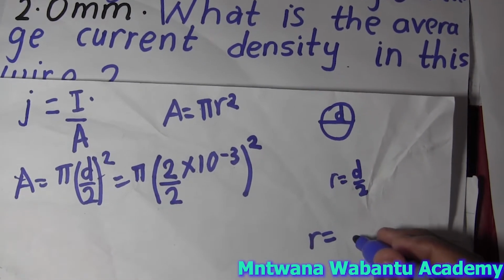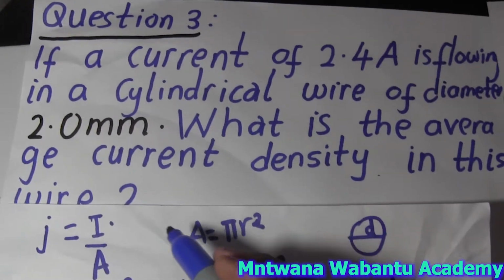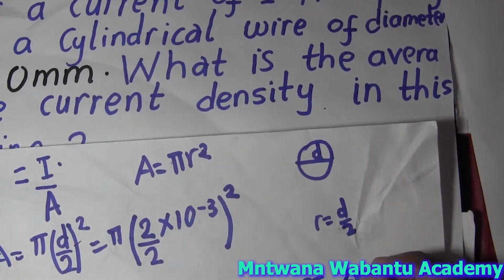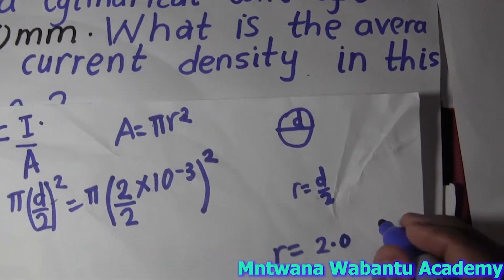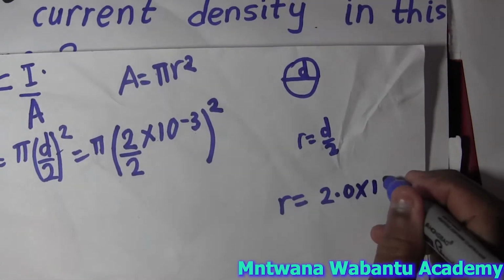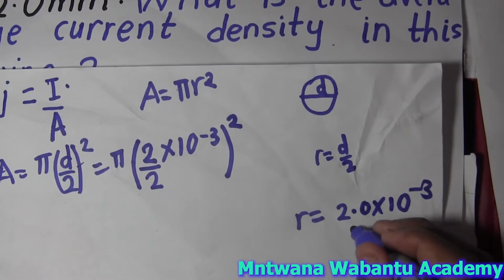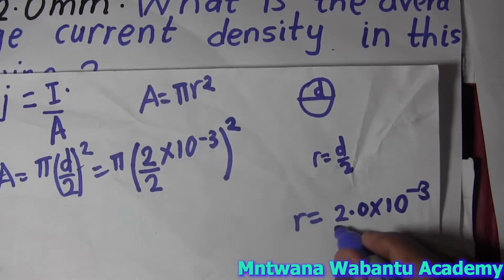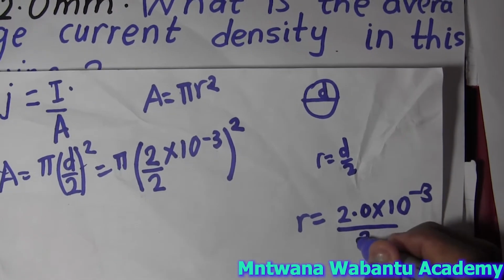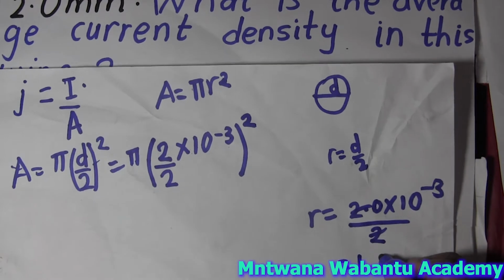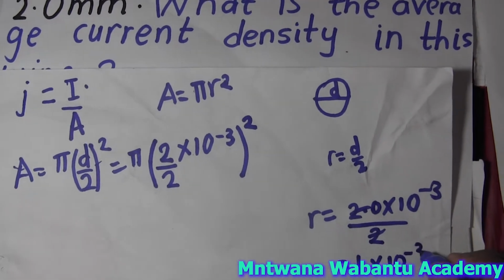Radius equal diameter over 2. The diameter given is 2 millimeter, so it's going to be 2.0, but to change to meter I have to multiply by 10 power negative 3. So this is diameter. We have to divide by 2. This is going to be equal to 1 times 10 power negative 3.